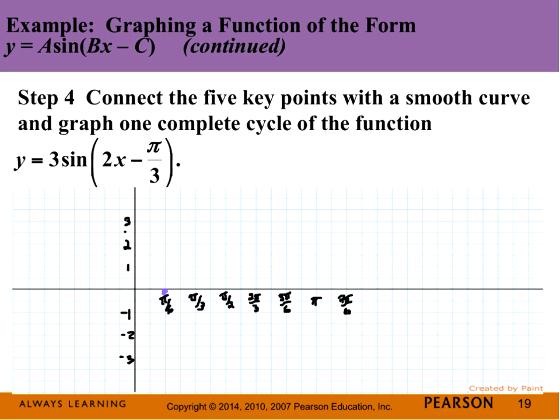All right, so 5 pi over 12 actually lives halfway between pi over 3 and pi over 2. So we had the point 5 pi over 12 and 3. Well, it actually lives a little less than, let's see, 6 pi over 12 would be pi over 2, so it lives a little closer to pi over 2 than it does pi over 3.